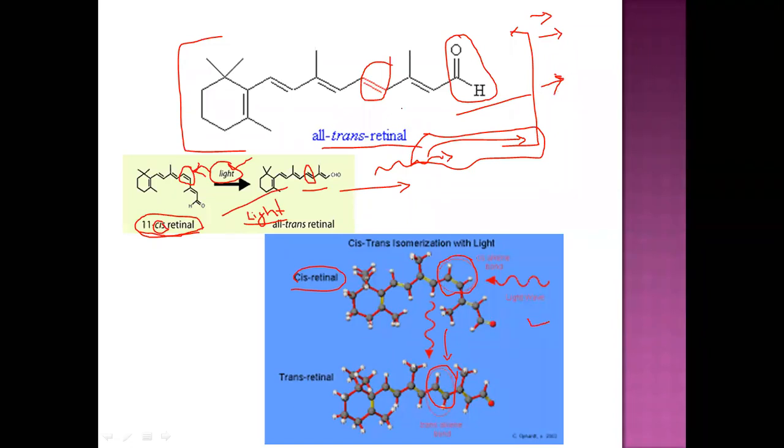Because of this reaction. This reaction does not happen if there is no light, and if this does not happen, then it does not generate any signal, no information is transferred to your brain, and you cannot understand what you are seeing in darkness.